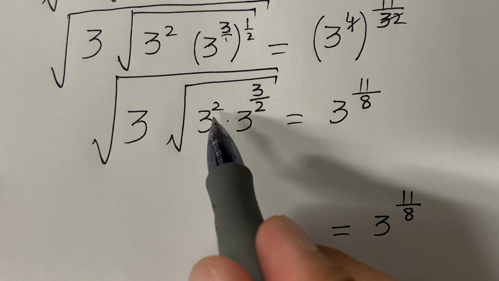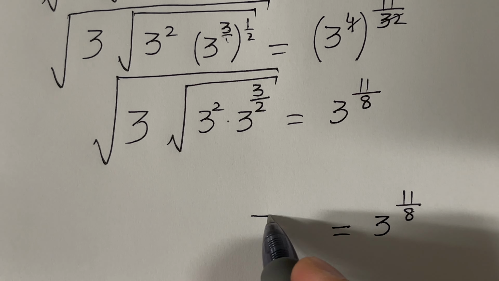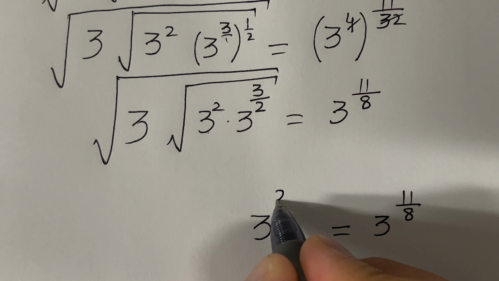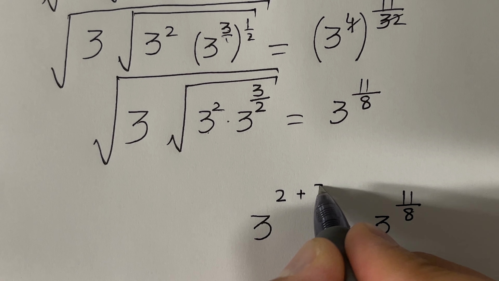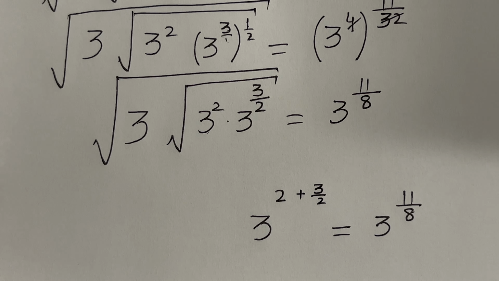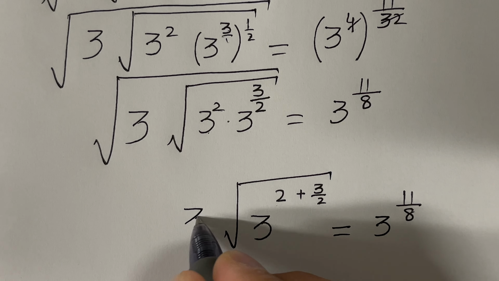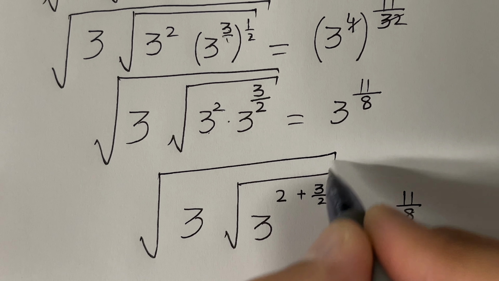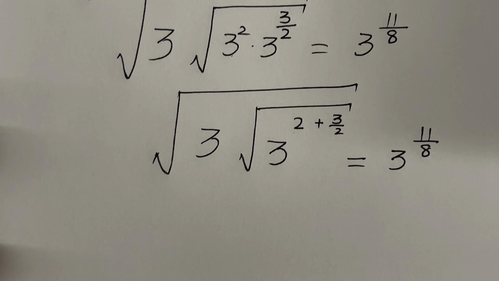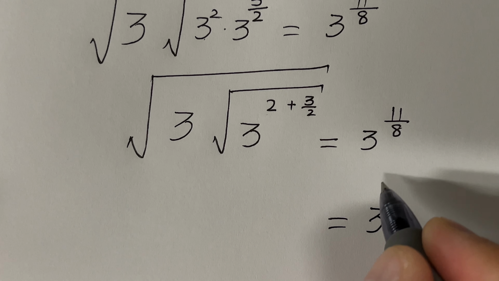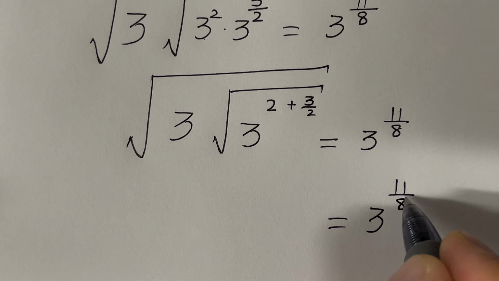and we have to simplify the left hand side. Okay, first of all, if you look here, the bases are same, so we have to add the exponents. So 2 plus 3 divided by 2, and we have a square root on it, 3, and then we have another square root on it. Okay, so it means we have 3 raised to the power 11 divided by 8.